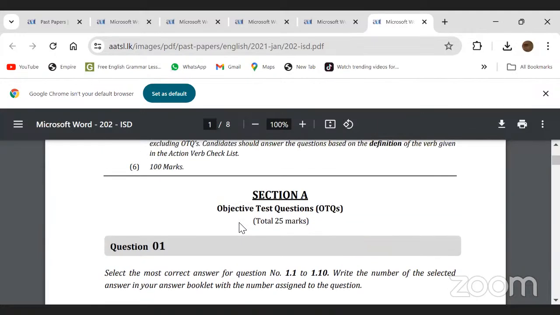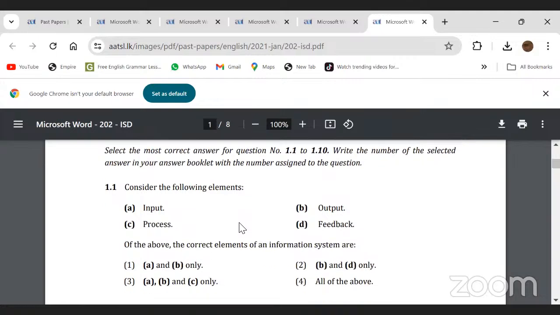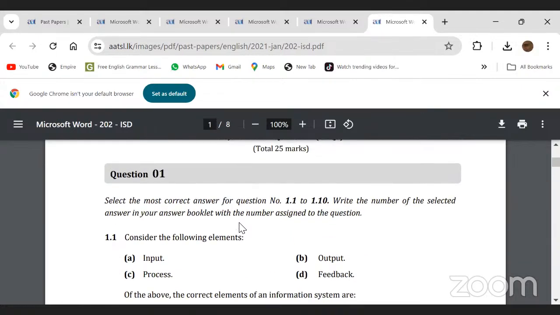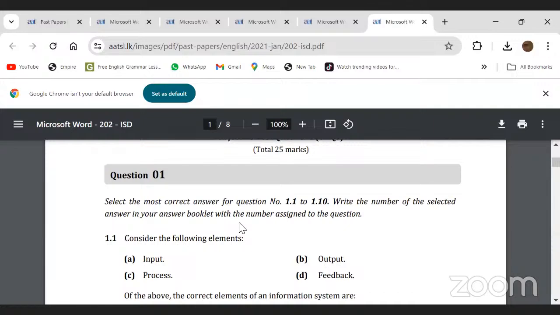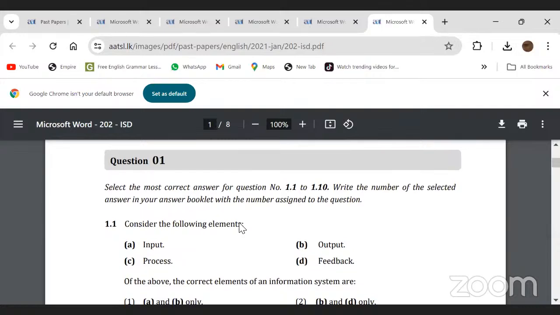Anyway, a few MCQs. Select the answer for questions number 1 to 110. Write the number of the selected answer in your answer booklet, with the numbers.